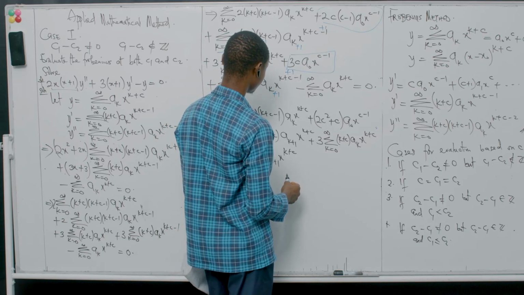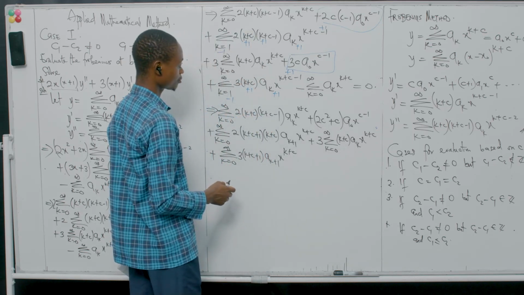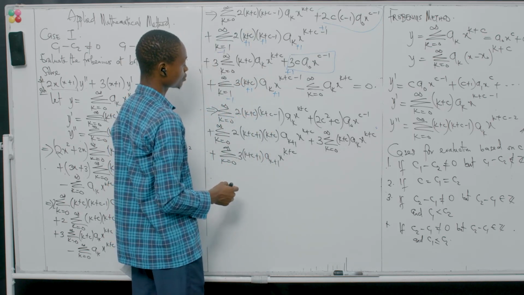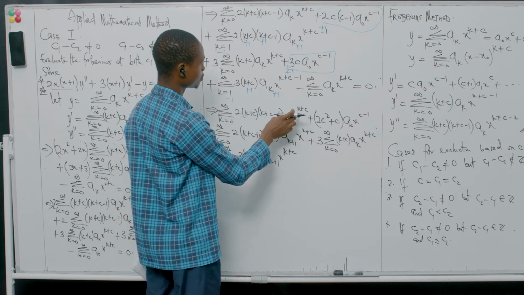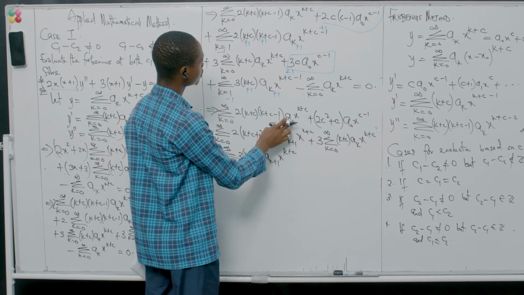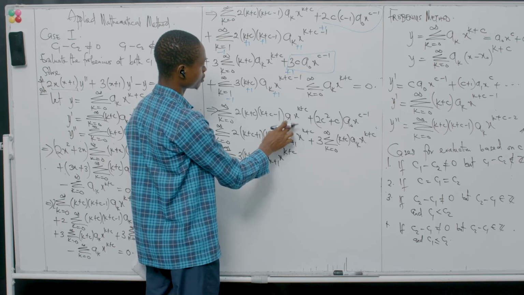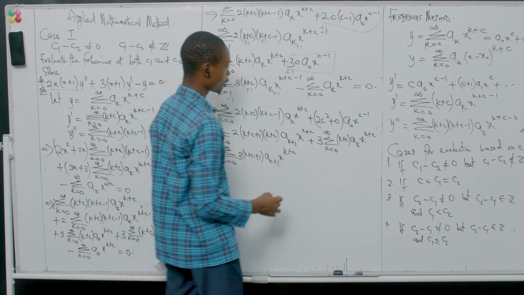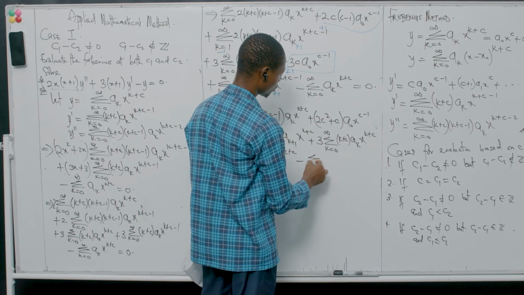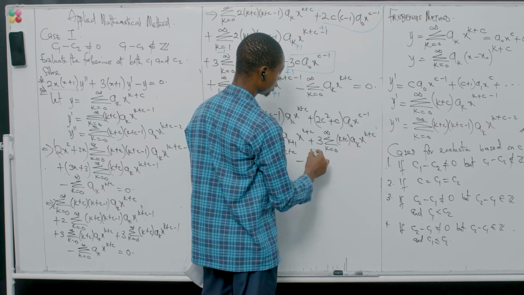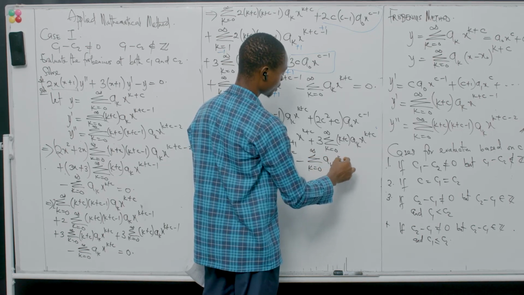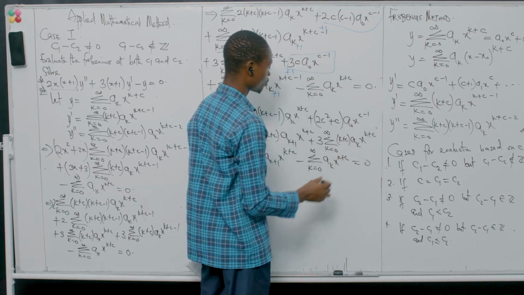And then we have minus summation k starting from 0 to infinity a_k x raised to power k plus c. All of it is equal to 0.